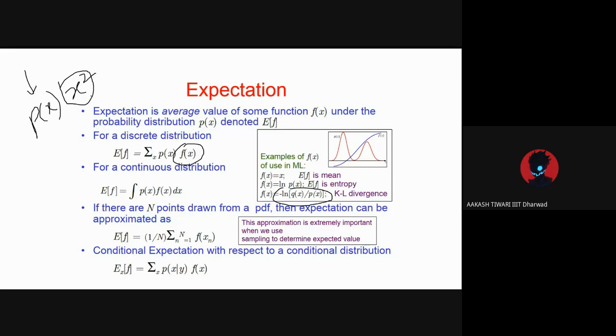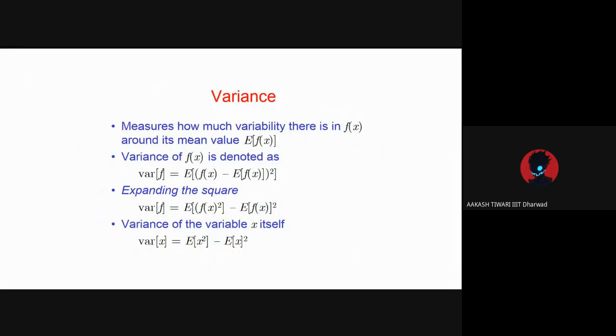It is expectation. You can take an expectation of x cube also, and you can take any function in general. If you replace this function with log of the probability, it is entropy. So expectation in a general sense is an average. Variance, you know what it is: how scattered your data set is around the mean.